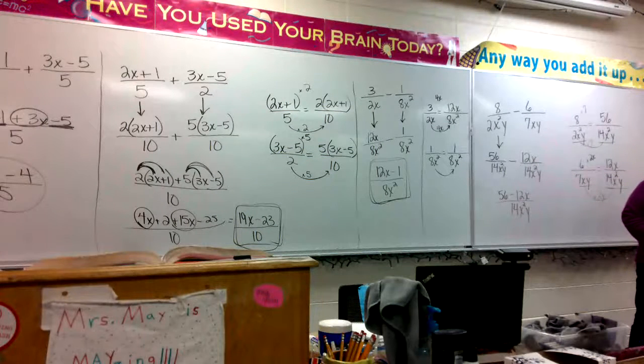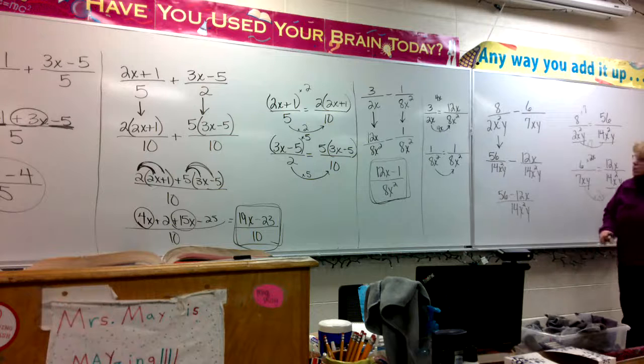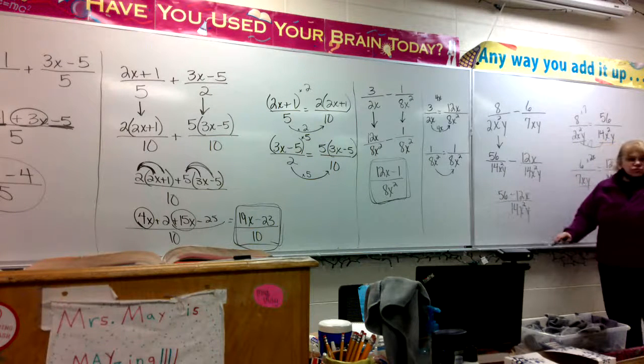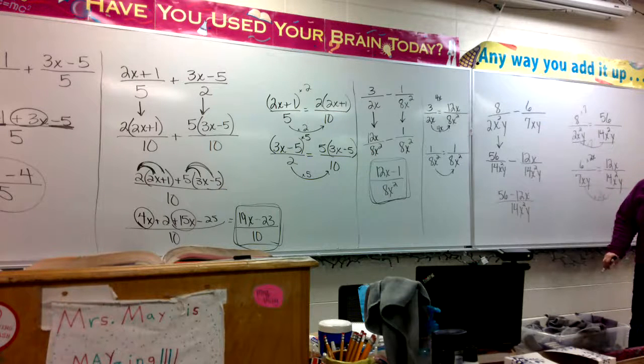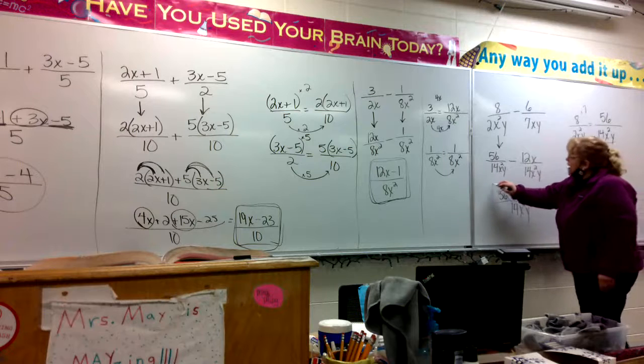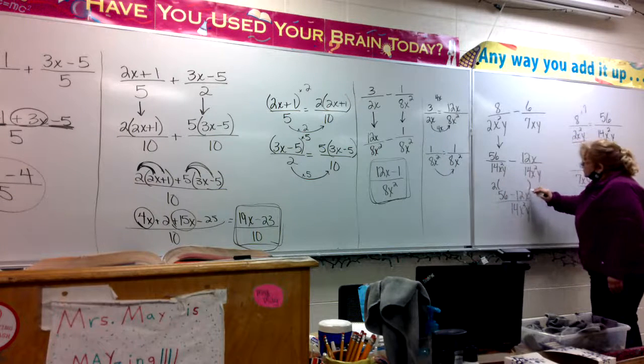Right, 2. So how can I reduce? Remember, if it's subtracting, you can't just reduce. It's got to be times. So up here, we're going to have to make it times by factoring out a 2.